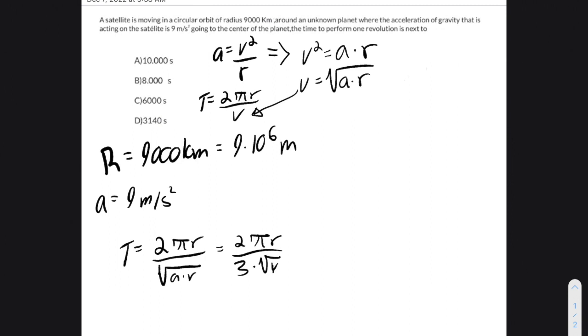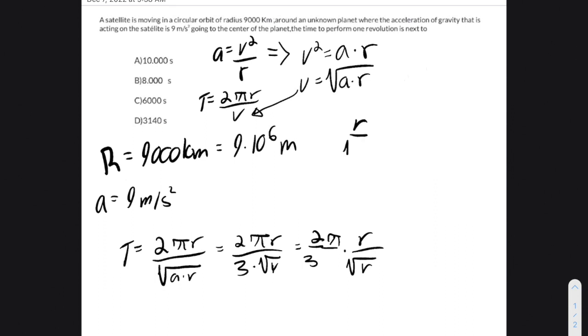So we can essentially factor out here 2/3. So we would have 2/3 pi times radius over square root of radius.